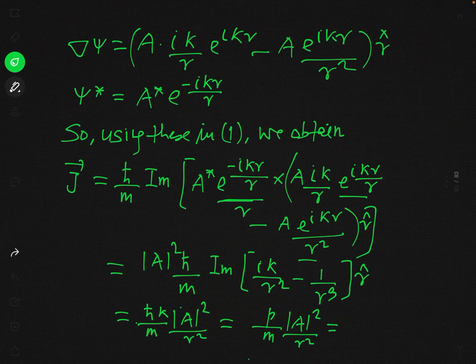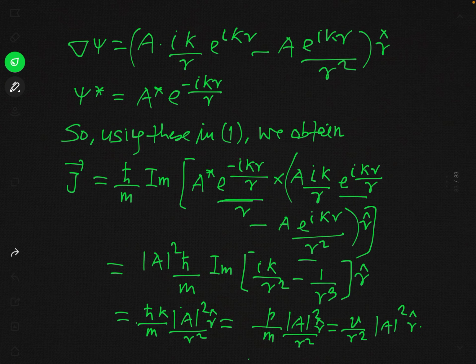And again, you know this p is mv, and so m will cancel out, and this will be simply v over r square times mod of A square times r hat. So this is the probability current density in this case.